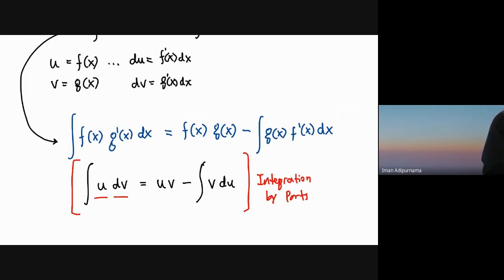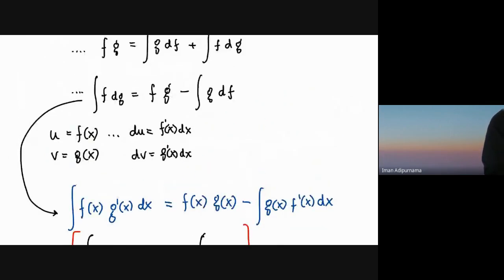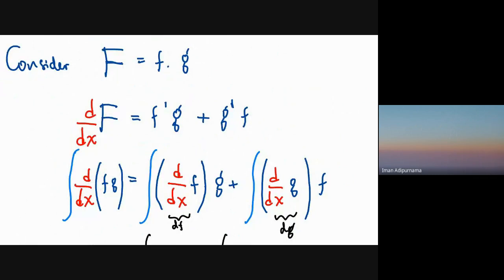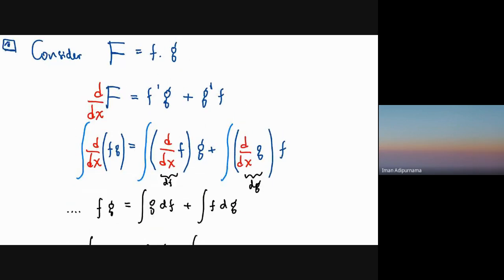Okay, to begin with, it starts from the product rule. Start from the product rule, and then with some exchange, we can rewrite the form. It becomes fg equals integral g df plus integral f dg, and we can switch the sides and write it in terms of the integral of f dg.